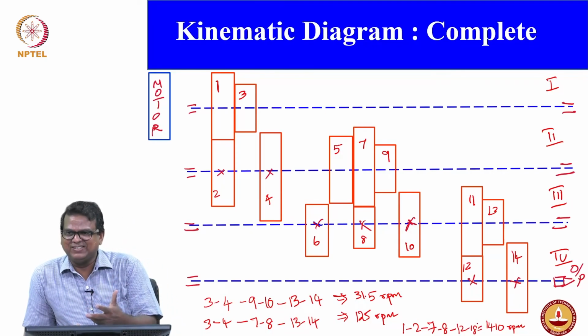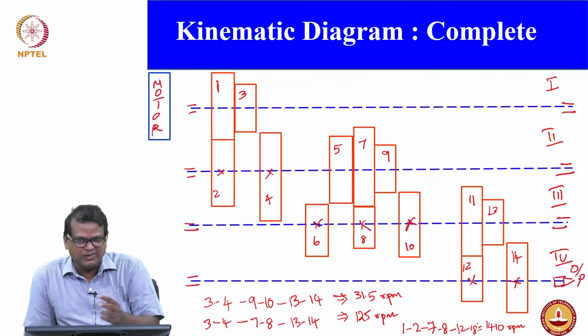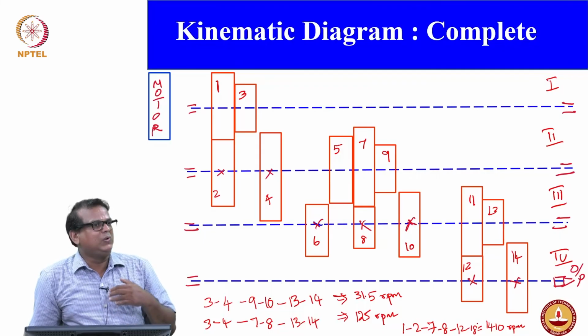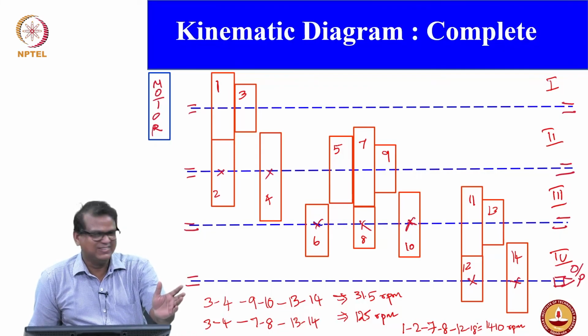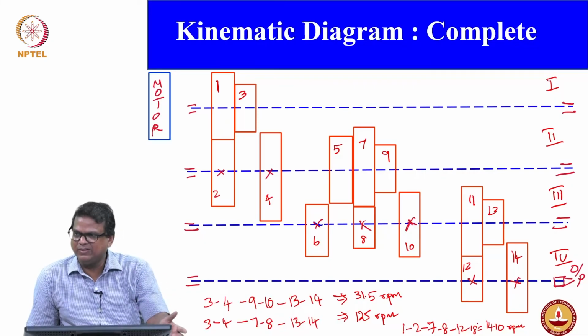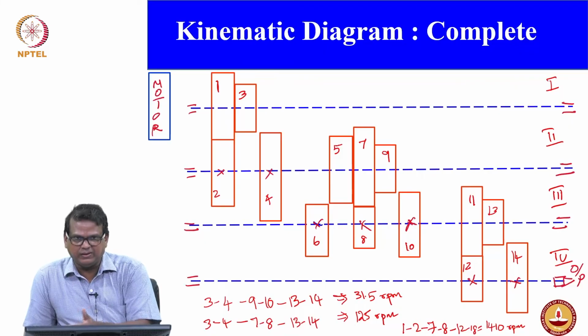We don't need that. Though we have only 12 gears, by having additional 2 gears, we are able to achieve all 12 speeds. Right? That is possible due to your progression, right? Progressive gears, right? That is a very critical aspect, and with the help of ray diagram and kinematic diagram, we are able to achieve it.